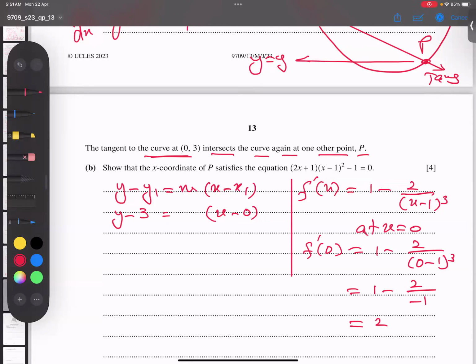So I hope this part is clear, and I'm going to plug in this 2 here. So the gradient is, sorry, 3, because this 1 plus 1 is 2, and 2 plus 1 is 3. There's a gradient of 3. So I'm going to plug the gradient 3 in here. So y minus 3 equals 3x, and y equals 3x plus 3.